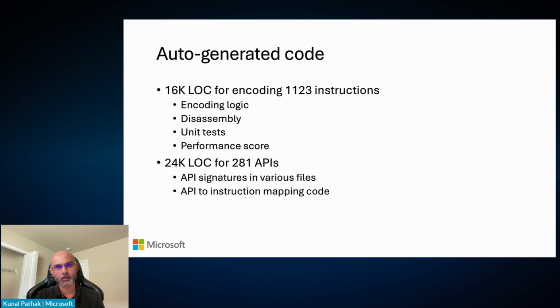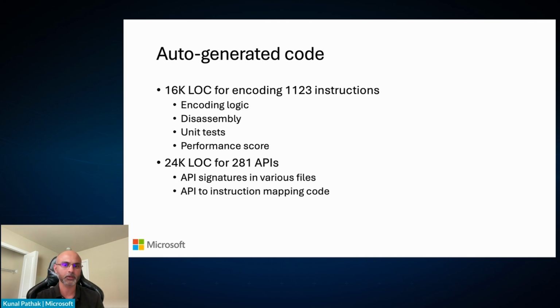Just to quickly call out, since there were so many instructions and so many APIs to be implemented in a really short time span in .NET 9, we tried to auto generate a bunch of these things. We took the ARM manuals, which are in XML format, parsed them and generated all the boilerplate code that we needed. Whenever we were adding these encodings, we were just copy pasting the logic that the tool had generated, and that sped up our development cycle very dramatically.